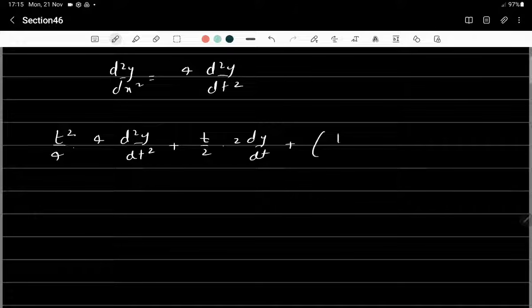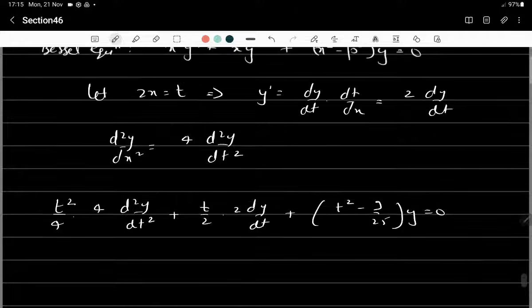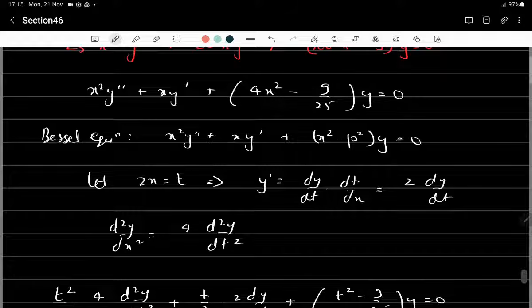Please try it by yourself. Then (t^2 - 9/25) y is equal to 0. Why does t^2 come? Because 4x^2 is t^2.